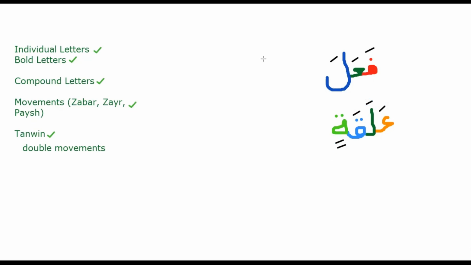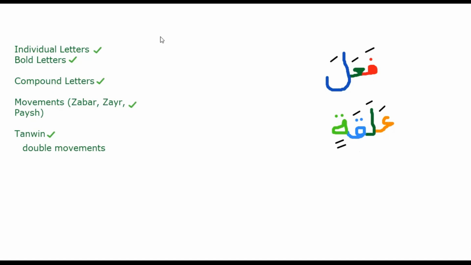This is a word from the Holy Quran, so we spell it: ain zabar a, lam zabar la, a la, qaf zabar qa, a la qa, ta double zabar tin. So it makes the word alaqatin.